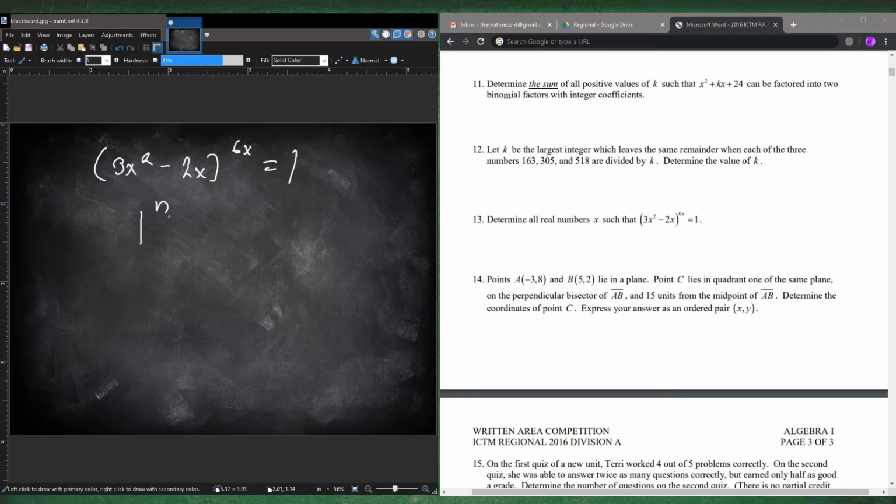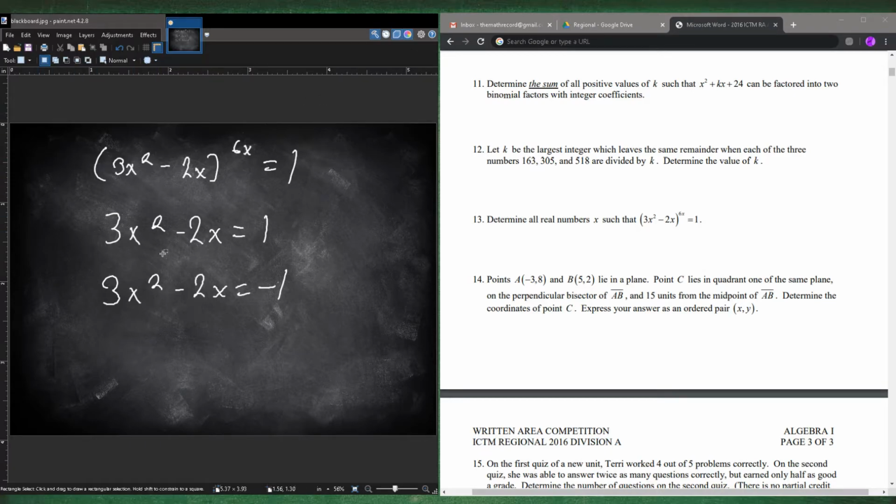It could be any power, so it doesn't matter. Or you have negative 1 raised to an even power, right? So we just need to test when 3x squared minus 2x is equal to 1, or when 3x squared minus 2x is equal to negative 1, right?